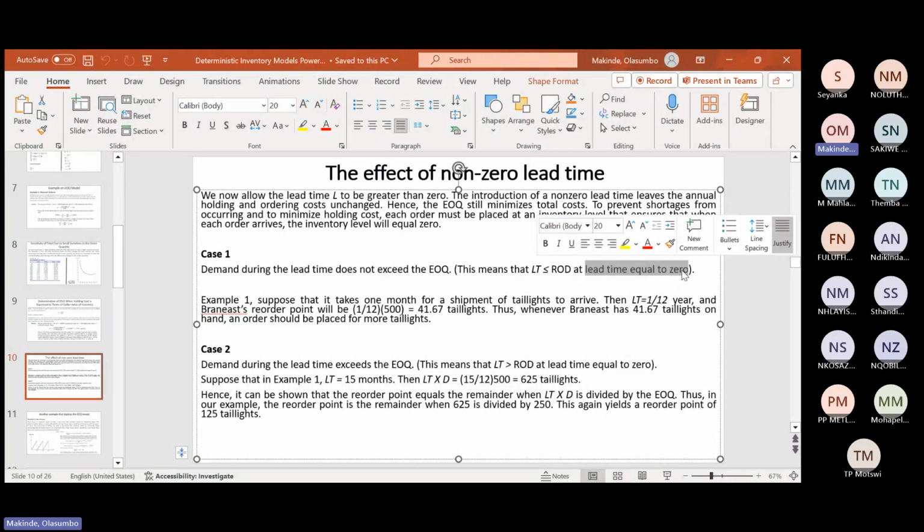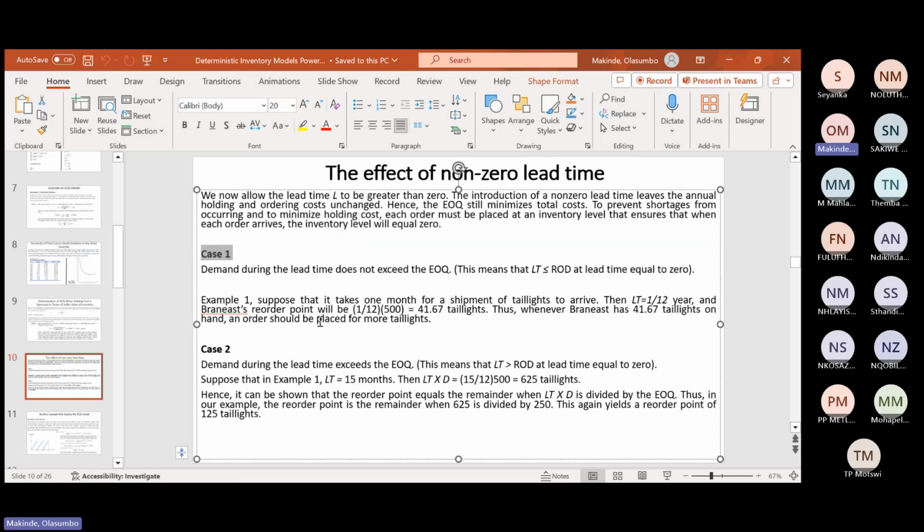So even when we deal with lead time, we still need to compute the reorder point when lead time is 0 using our formula EOQ over D, and check whether the lead time in the organization is less than or equal to that reorder point when lead time is equal to 0. If that is the case, it means that you are dealing with case 1.